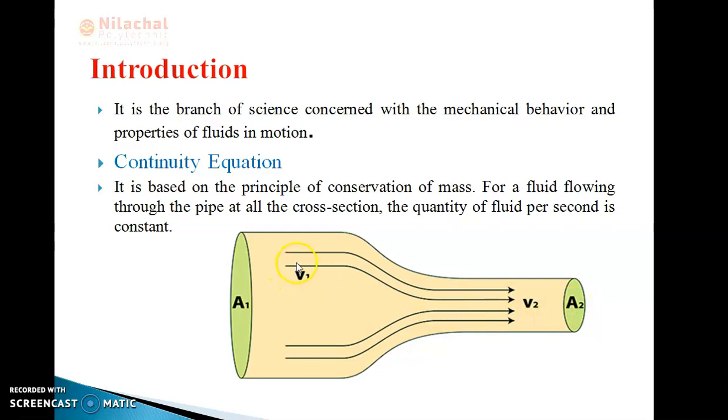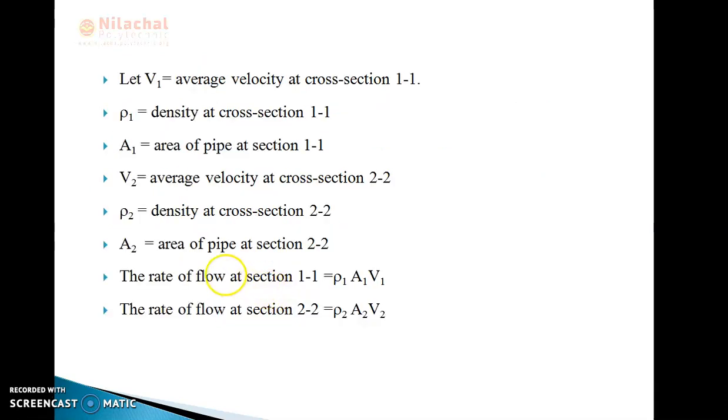In this pipe, the fluid is flowing through the pipe at all the cross section. The quantity of the fluid per second is constant. That is, m dot in is equal to m dot out. Then first you have to know different terms you are using here.